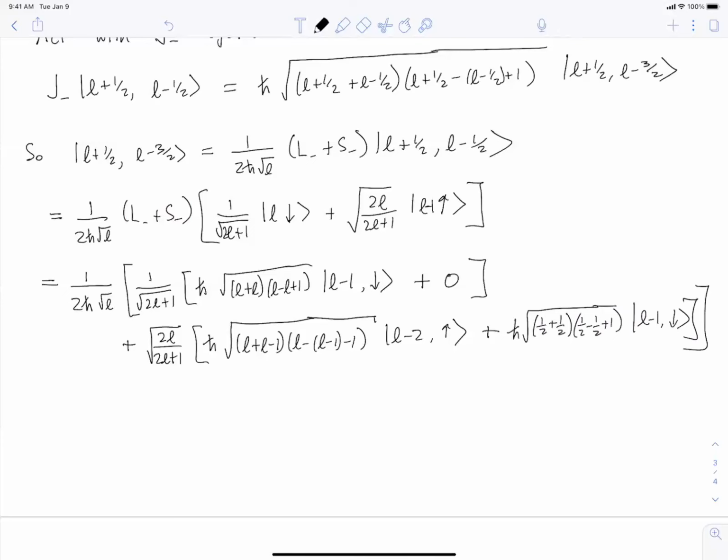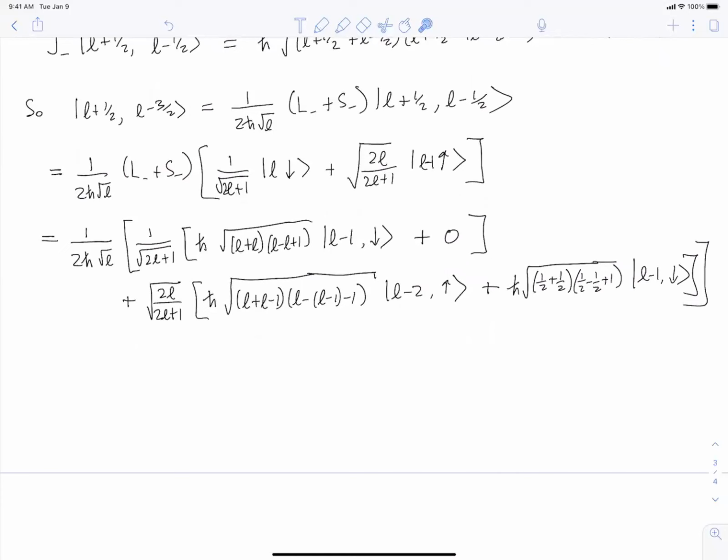Okay, and so now when we simplify this, we notice that, aha, this term and that term are the same state. So we're going to need to add this coefficient to that coefficient after we simplify them.